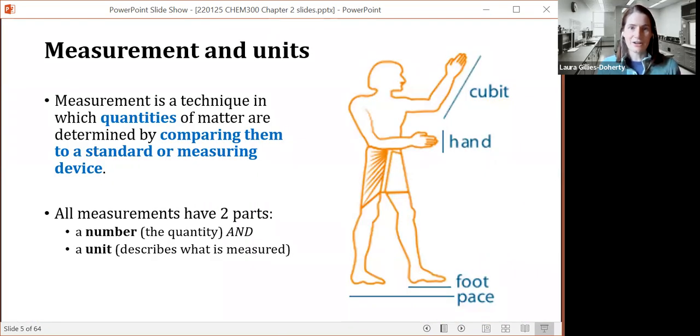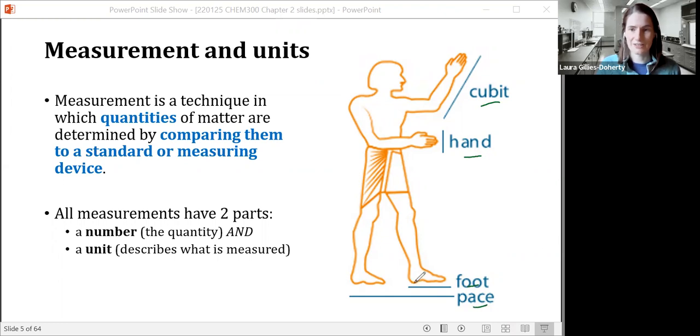So let's just first talk about kind of what a measurement is. A measurement is a technique in which the quantities of matter, how much stuff you have, is determined by comparing it to a standard or a measuring device. And measurements have been around for thousands and thousands of years, right? We've always had ways to kind of quantify how much stuff we have, what we're measuring. The ancient Egyptians used things like cubits, hands, foot, and paces when building the pyramids.